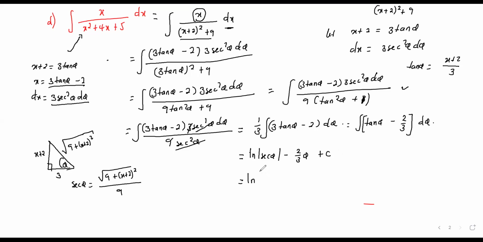So it will be ln of the root of 9 plus x plus 2 squared over 3, minus 2 over 3 theta. What is theta? Theta is going to be tan inverse of x plus 2 over 3, and then plus c. This will be the solution.